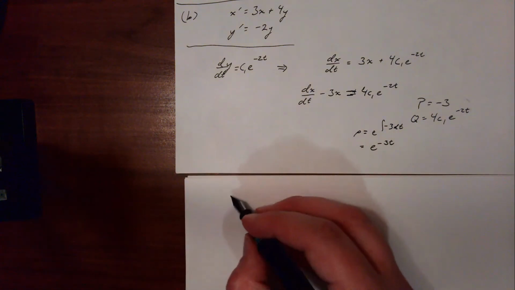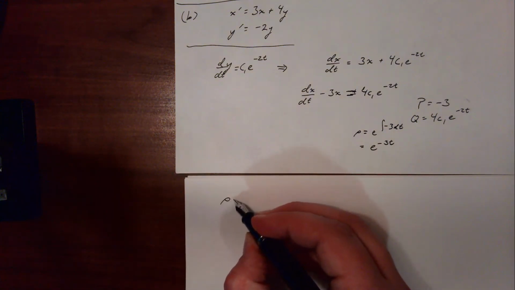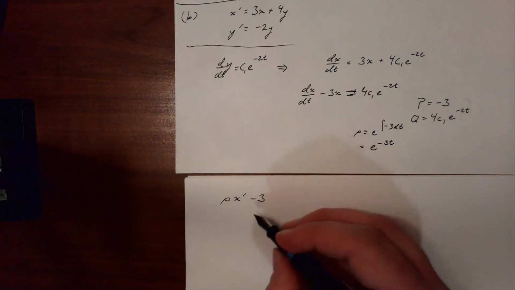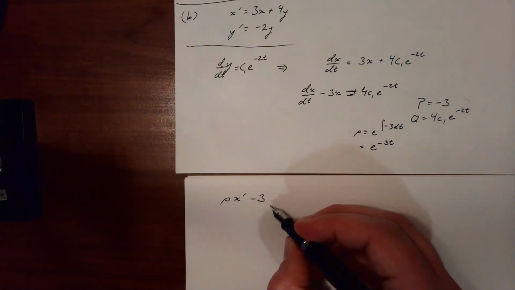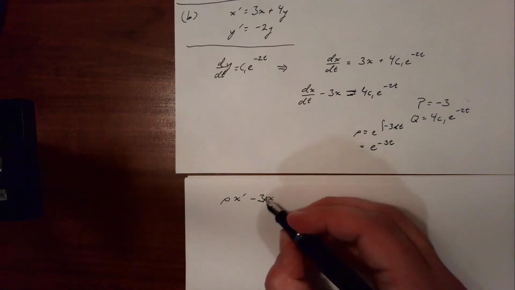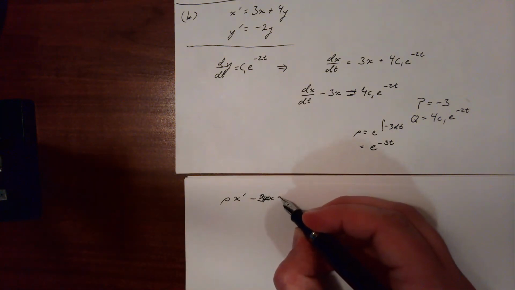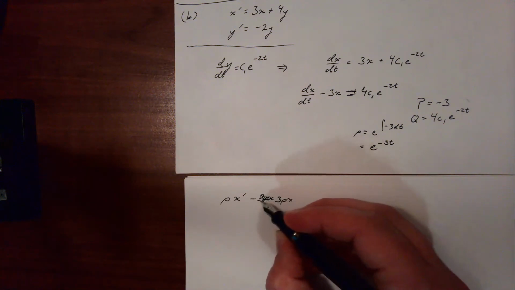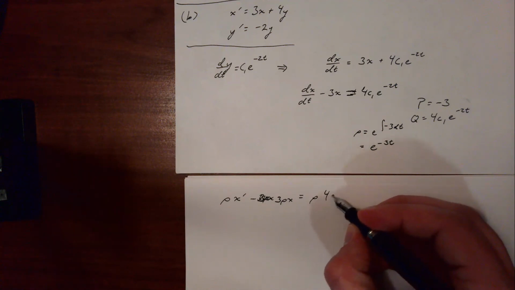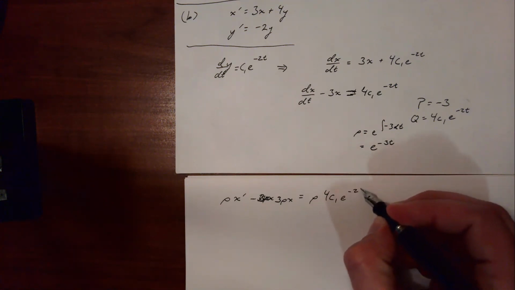That means rho dx/dt minus 3 rho x is equal to rho times 4c1 e to the negative 2t.